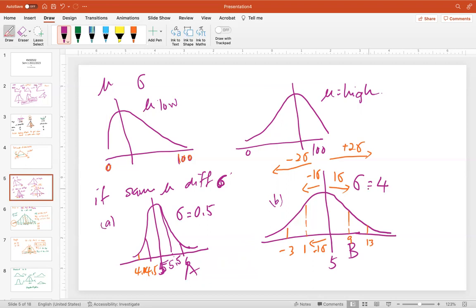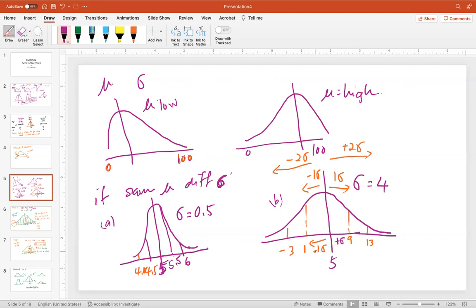If my standard deviation is higher, for example 4, my mean is still the same, 5. So one standard deviation will be 9, and two standard deviations will be 13.